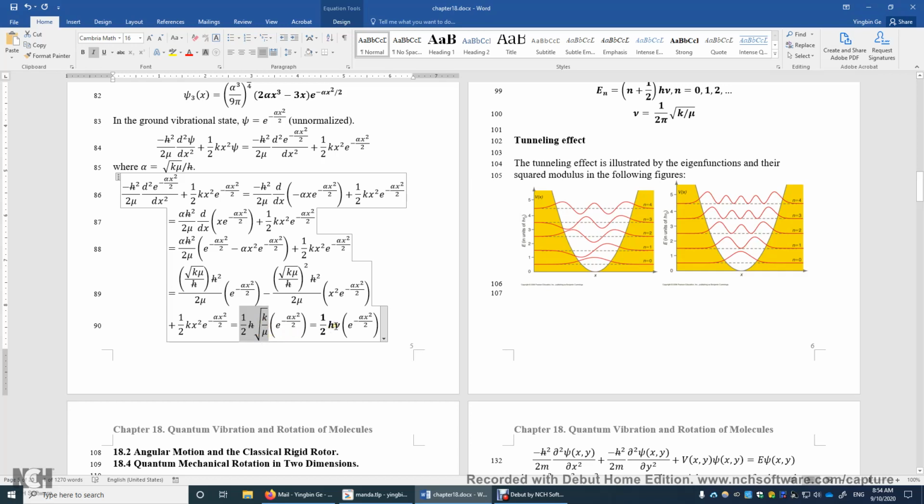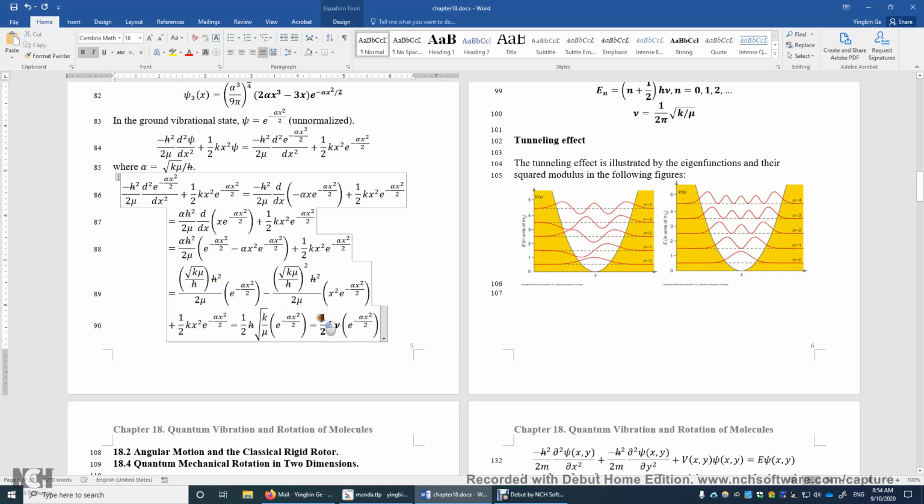All right, so that's the frequency of the classical harmonic oscillator. Okay, so again, I would recommend you derive this yourself. It's tedious, but if you are careful enough, you will be able to get the same result here.